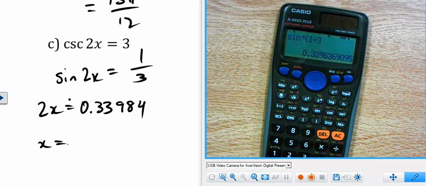So again, the last question was cosine. So we went to the 4th quadrant because it was positive, but this time we're going to go to the 2nd quadrant because this was sine, that's where sine is positive. All that same old stuff that you've been doing for a long time now.